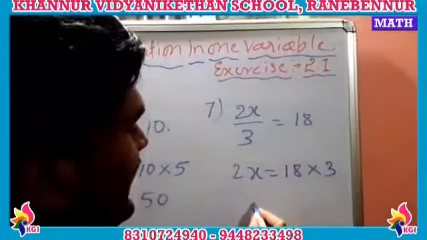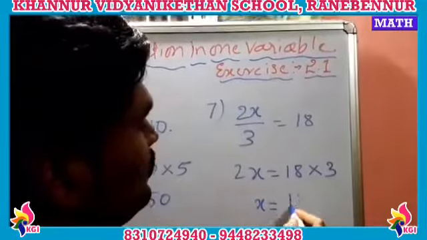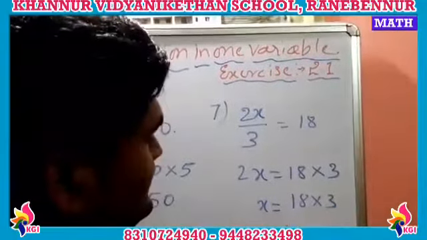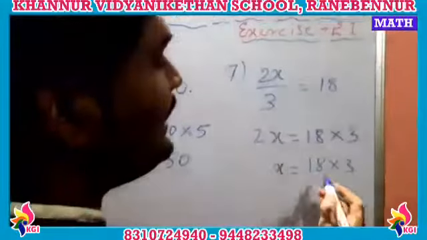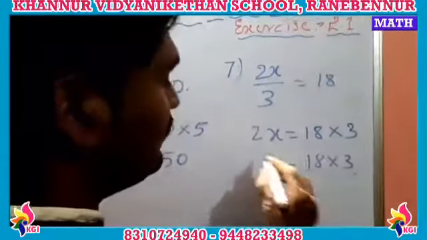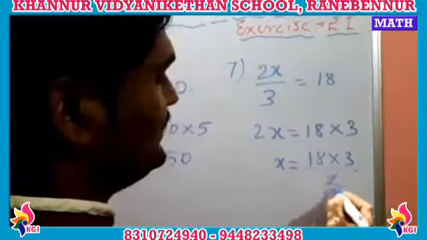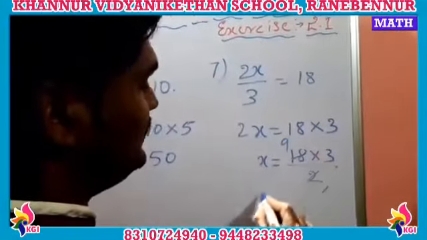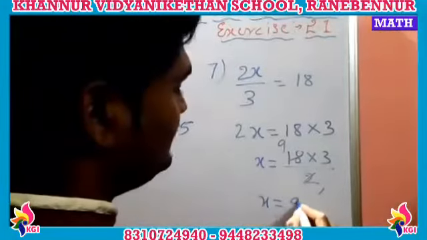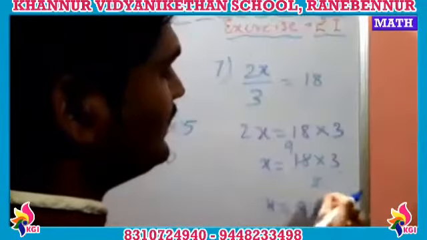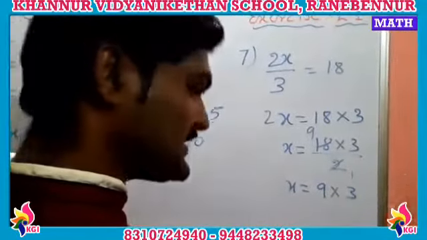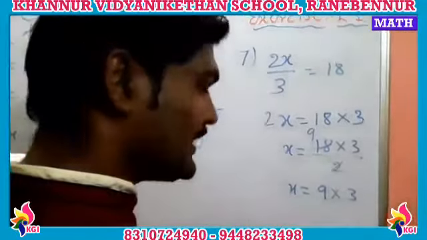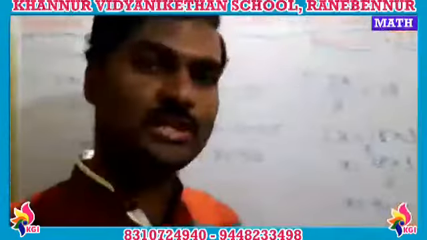Next I want only x. So I write x is equal to 18 into 3 as it is. I don't want 2. As it is a product, it is going to become a division and goes to the denominator. 2 ones are 2, 2 9s are 18. So then what am I left with? 9 into 3. In the denominator there is only 1, right? So if I now write both, it is the same case. So therefore 9 3s are 27. Understood, children?